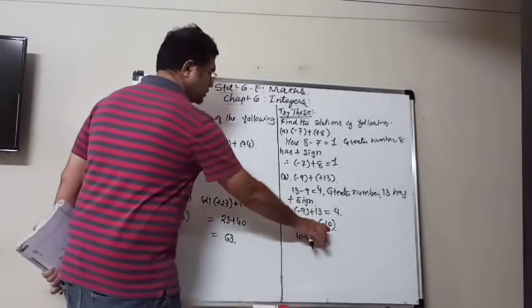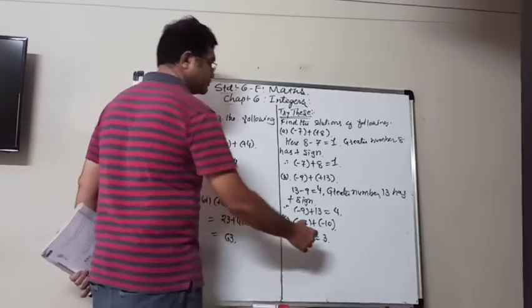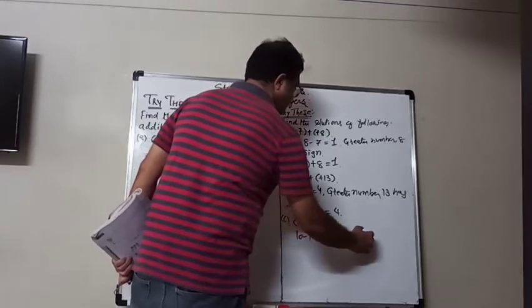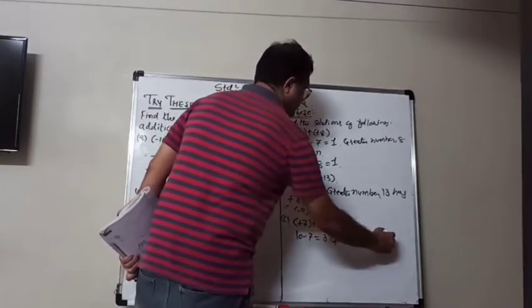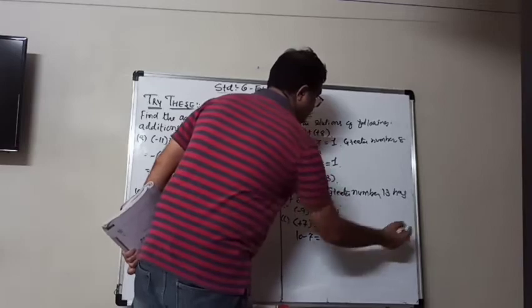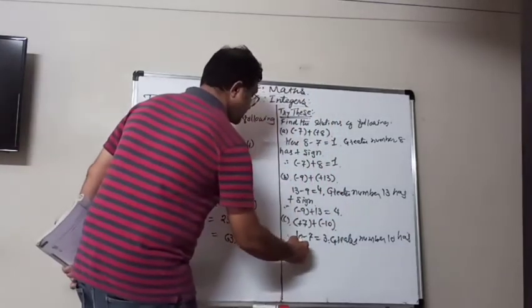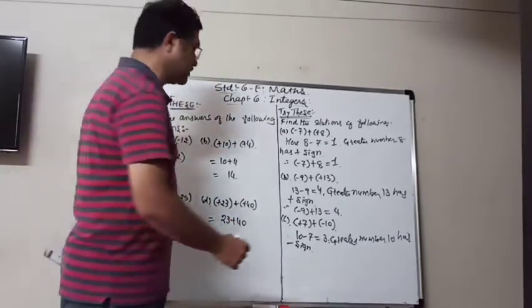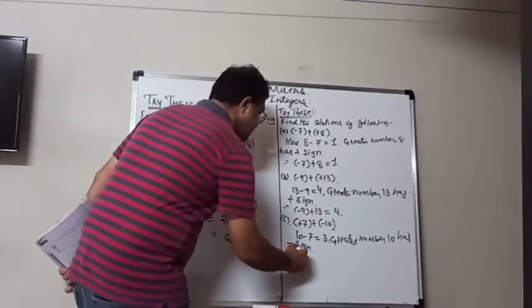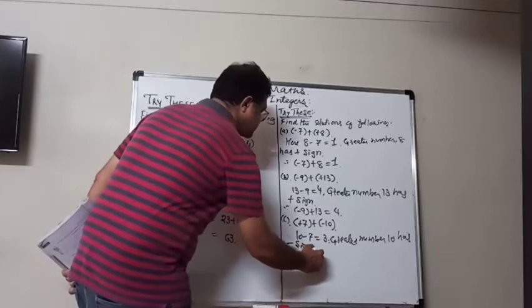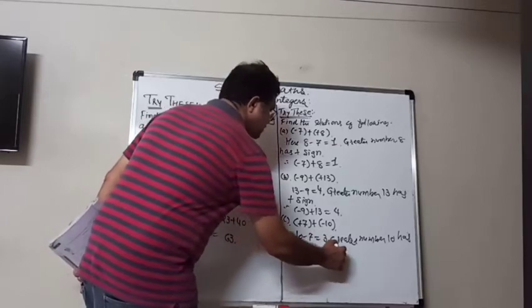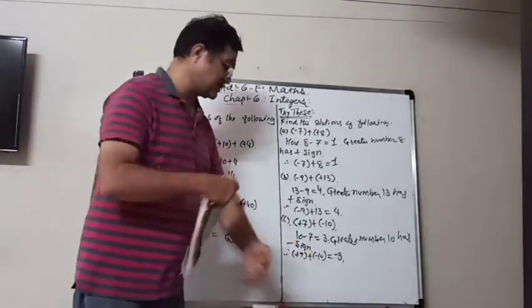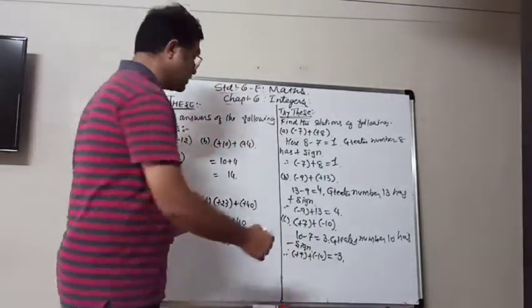Now, the greater number 10 has a negative sign. It means that the answer will be negative. Therefore, plus 7 plus minus 10 is equal to minus 3, because the greater number has a negative sign.